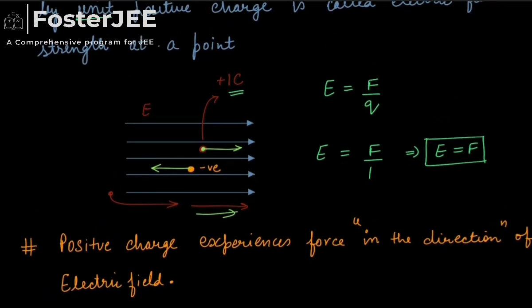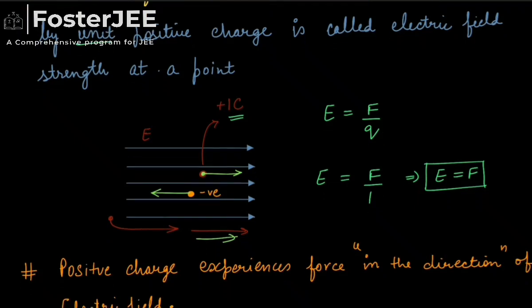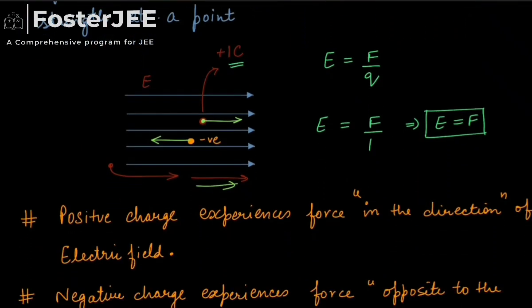So if we place positive charge, then it determines the direction, that is the direction of force is same as the direction of electric field. So we can see, if we place any positive charge in the electric field region, then it will start moving because of some force. And if it is positive, then we know that in the direction it is moving, the net electric field is in that direction only. So this is the reason of placing positive charge.